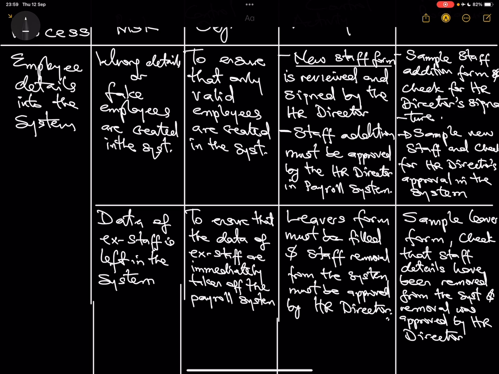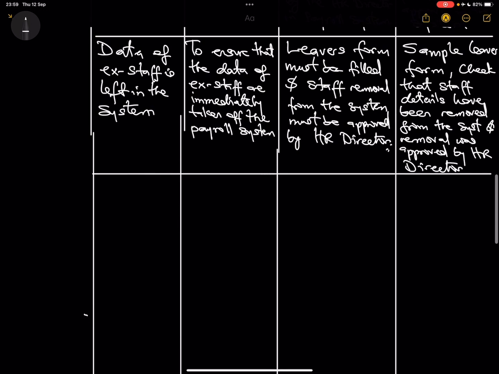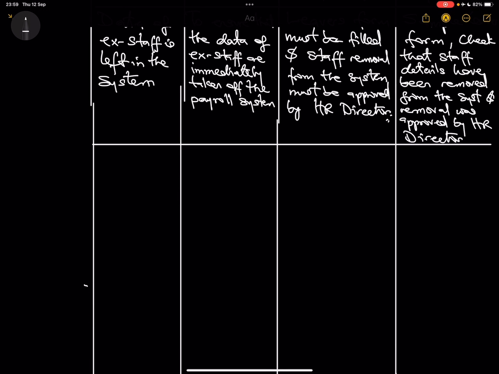Very important, guys. Because payroll is a very sensitive process. It's one of the commonest ways you see fraud in an organization.